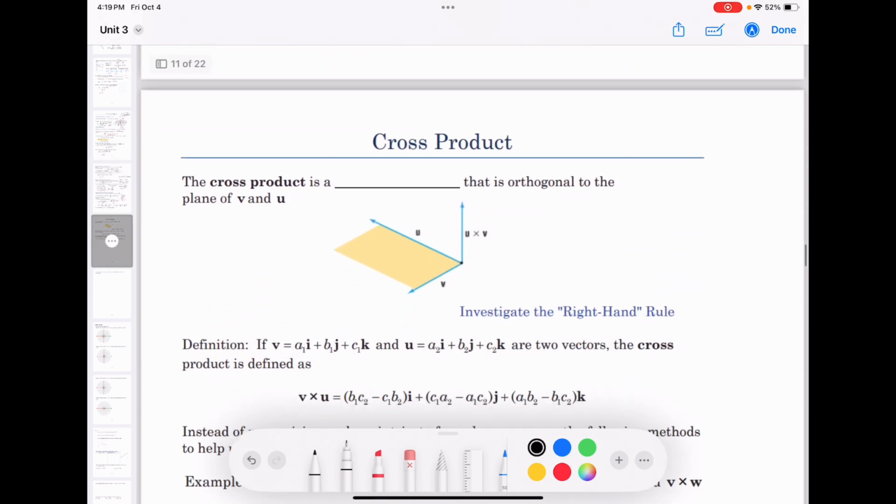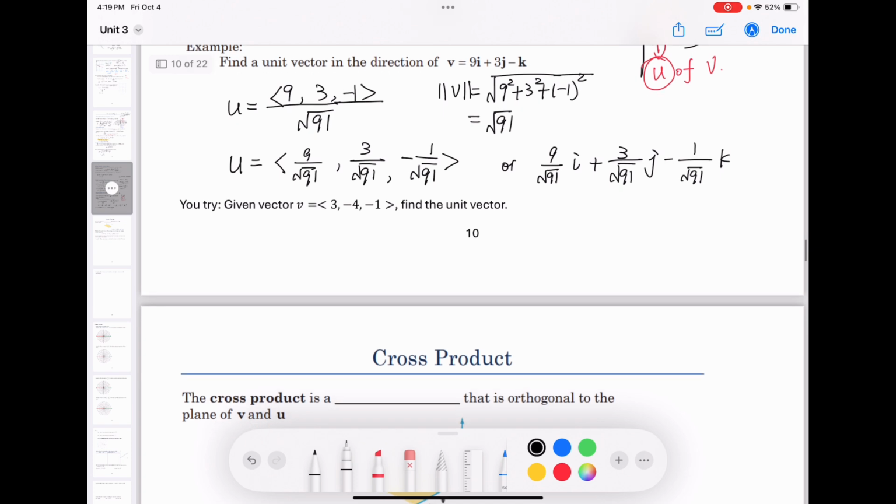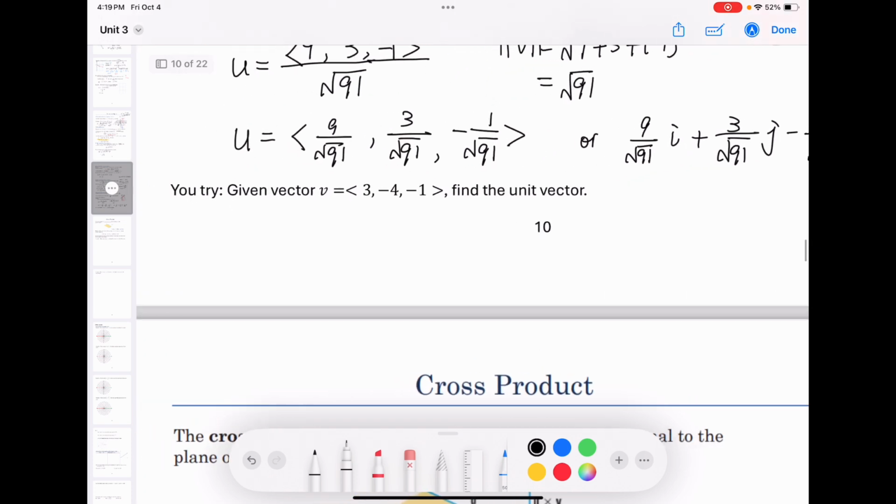Okay, let's see. Oh, last one, you try. Given vector v is 3, -4, -1, find the unit vector. To find the unit vector, I need to find the magnitude of v. The magnitude of v is equal to the square root of 3 squared plus -4 squared plus -1 squared. So let's do the computation.